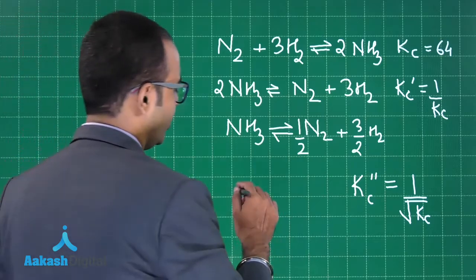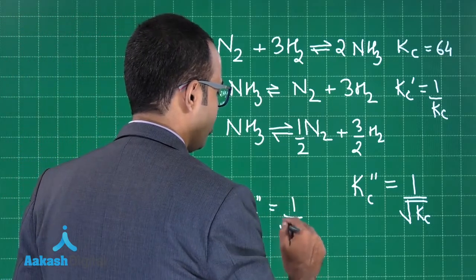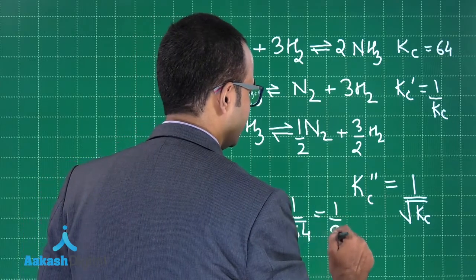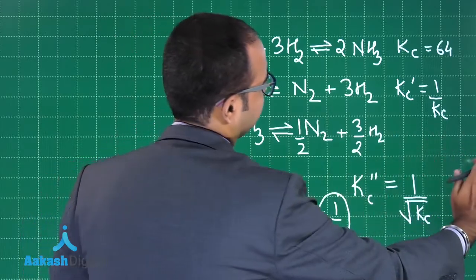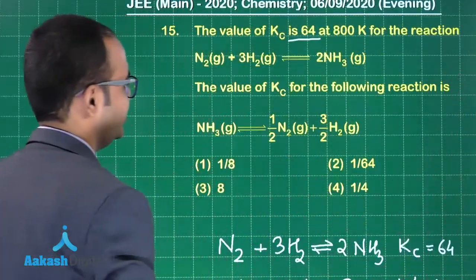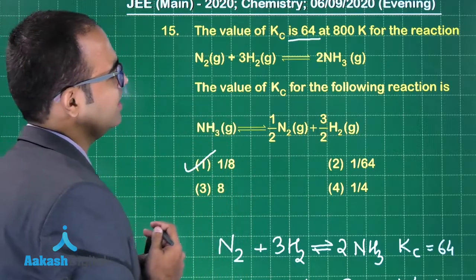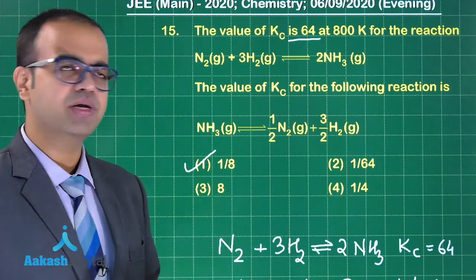Yes. So your Kc over here is 1 upon square root of 64, so that is 1 upon 8. That is your answer, guys. So the answer is option 1. Okay. Very simple, just basic knowledge of equilibrium is required over here, guys.